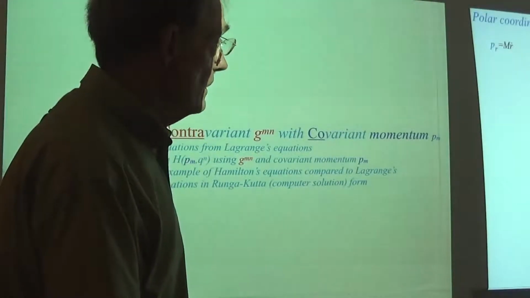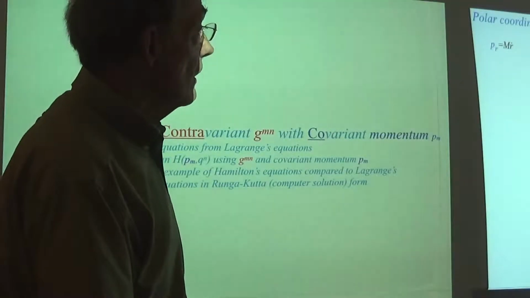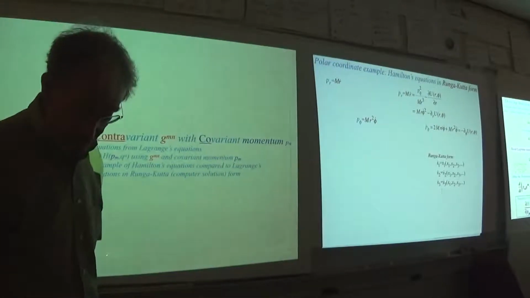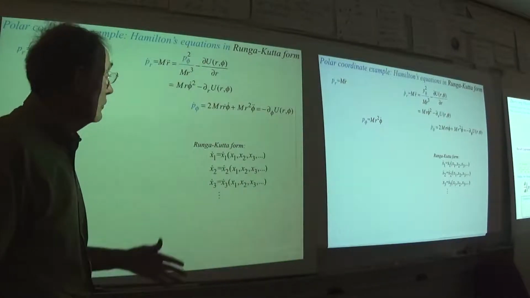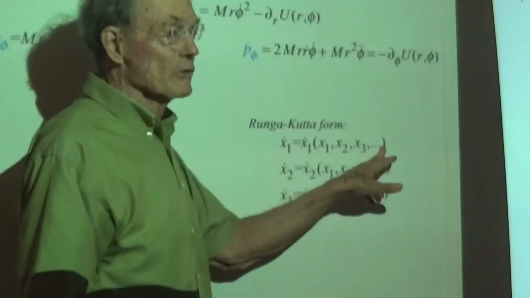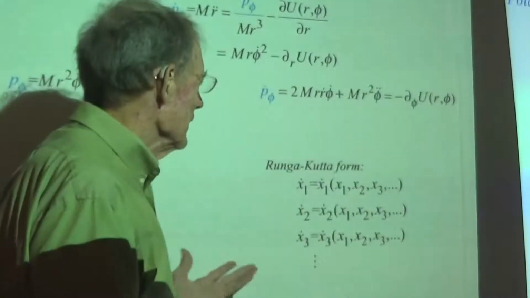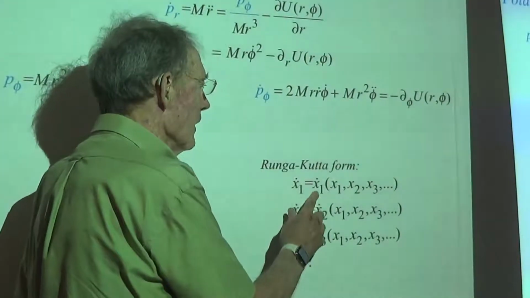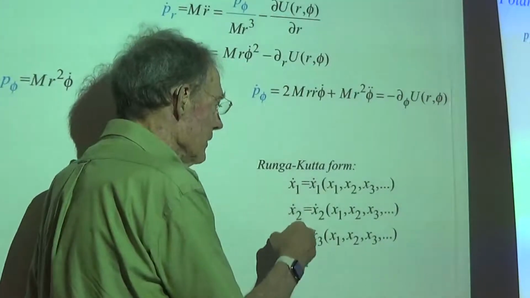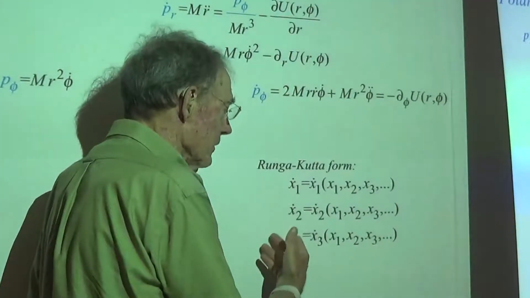And it's worth pointing that out right at the beginning. Runge-Kutta form, as shown there, is if you can get the equation involving whatever number of variables have, whether they're momentum, velocity, or anything, get the time derivative of the first one, the second one, the third one, and so forth.